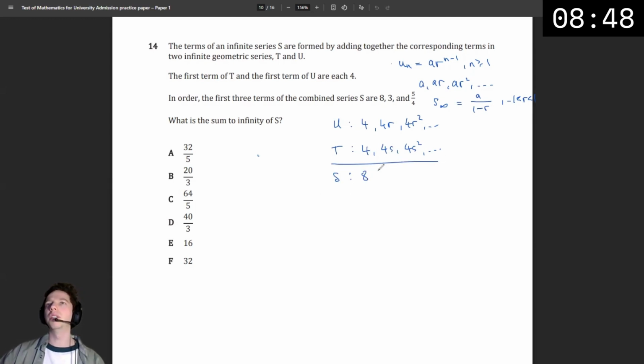So S, the sum, is 8. That's not surprising. 3, right? And 5 over 4. So what does it mean? It means 4r plus 4s is 3. 4r squared plus 4s squared is 5 over 4. Okay. All right, so this is just like a nice little system.